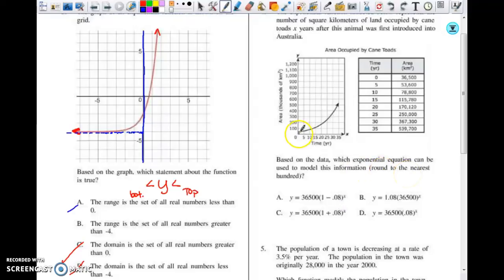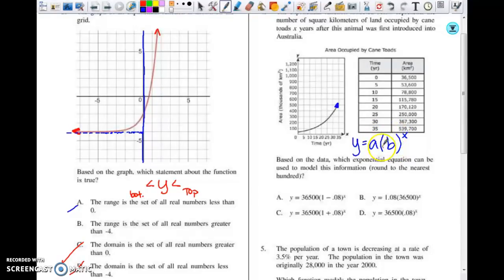First of all, is this a growth or a decay? All right, so I'm coming up, right? I'm a growth. Remember, y equals a times b to the power of x. Remember, if it is a growth, the b, right, this one, are we adding to 1 or subtracting from 1?